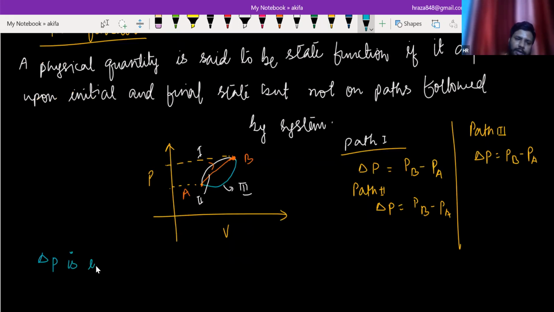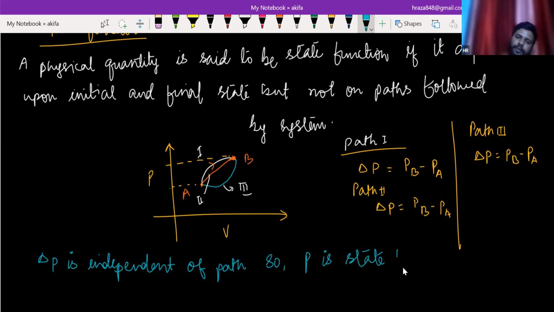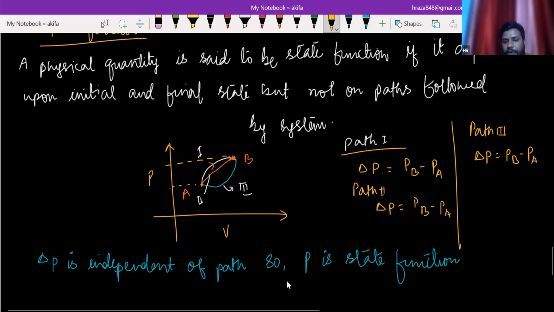Delta P is independent of path. So P is a state function. If change in any function is independent of path, that function will be a state function.